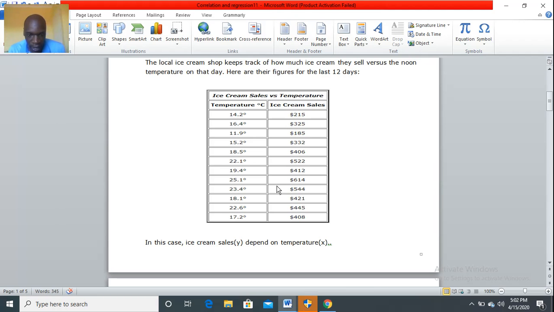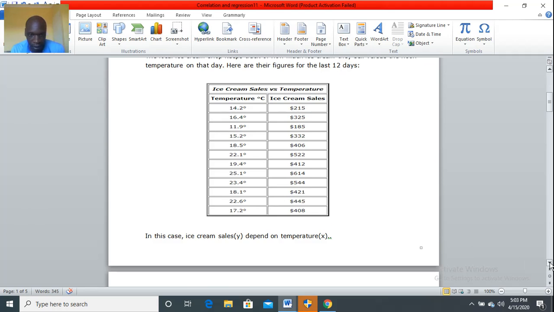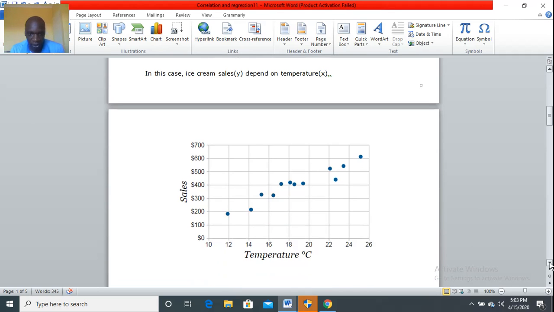Since they depend on each other, x is going to be our temperature because it affects ice cream sales. So we plot temperature on the x-axis and ice cream on the y-axis because ice cream depends on the temperature. When I plot, this is how it goes.